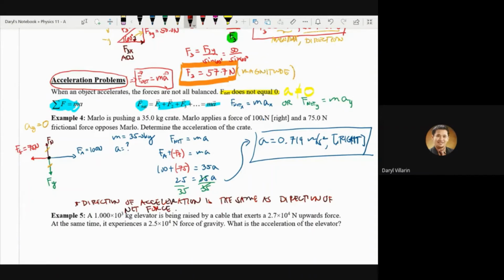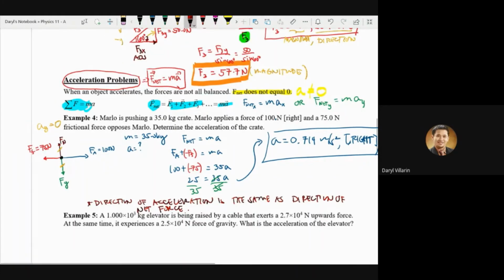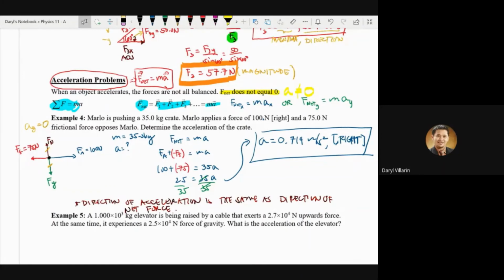So if you know the direction of the acceleration, you'll also know that the direction of the net force is the same. It's kind of obvious already from the free body diagram that this will be moving to the right. So the net force is to the right, which means the acceleration is also to the right.